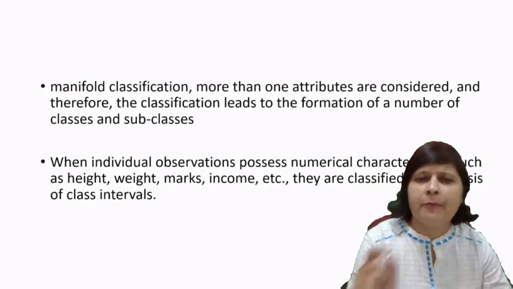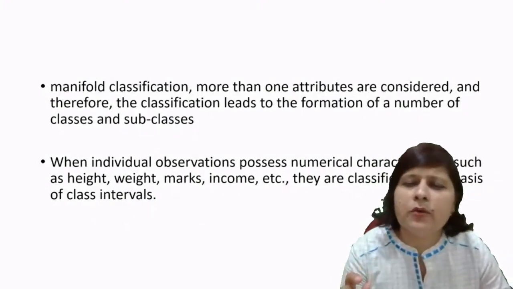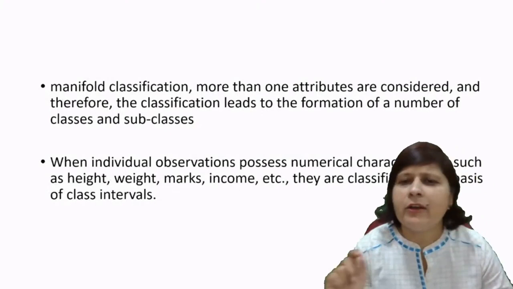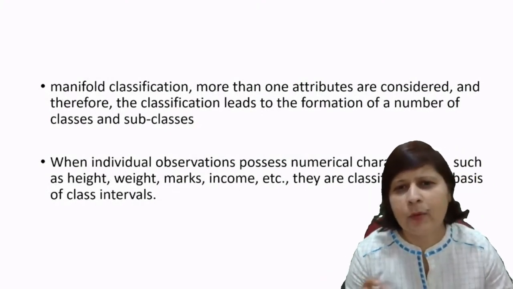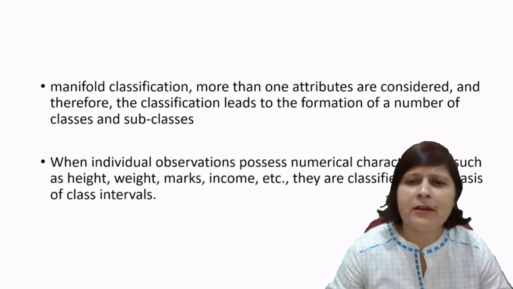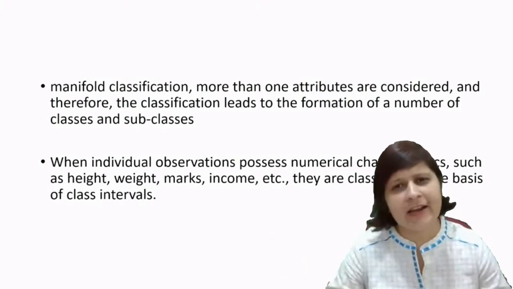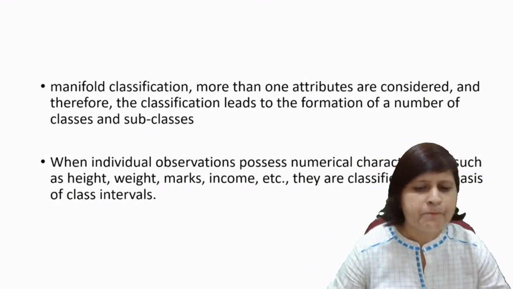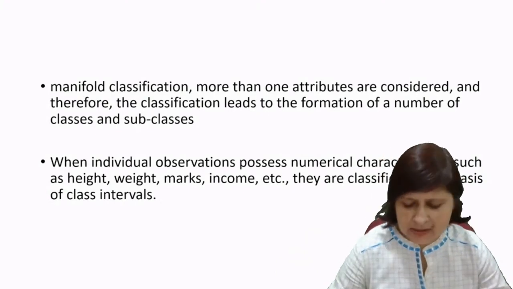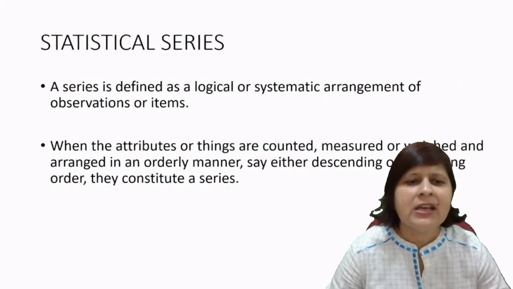Or marks between 0 to 40%, 41 to 80%, 81 to 90%, and 99 and above, right? So it is on the basis of the class intervals.